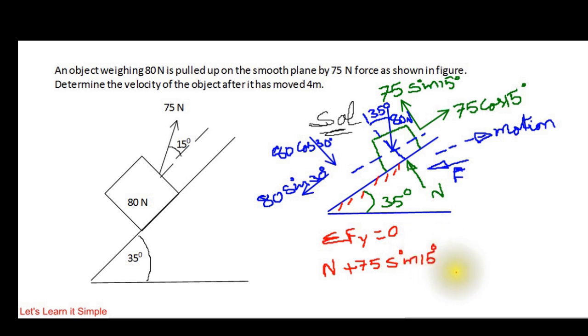Then you have a third force, that is 80 cos 30, which is acting down, which is equal to 0. Upon solving, you will get N as 49.87.